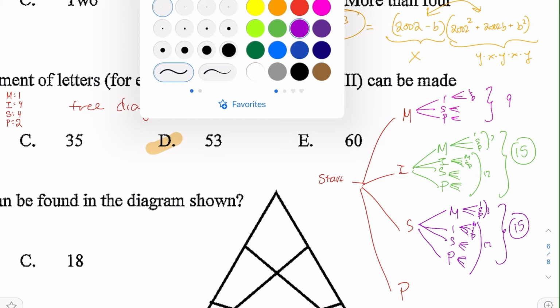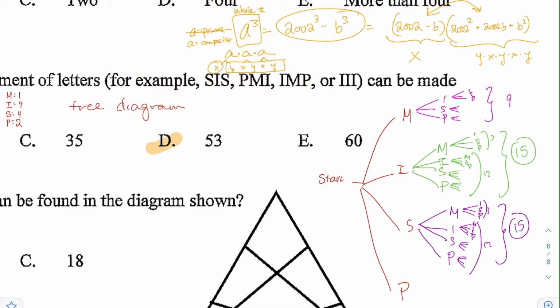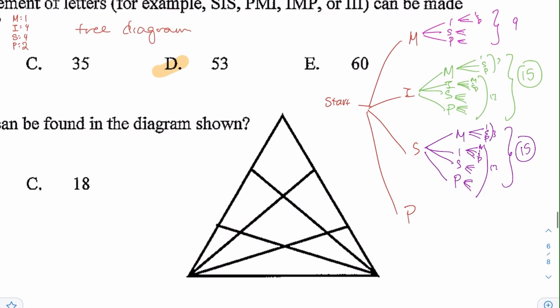And now when you get to P, it's also a little tricky because first you can choose M, I, S, or P. But if you choose M, you can't choose M again, so you can only go with I, S, P. If you choose I, you have all 4 options available. Same for S. But if you choose P second, you ran out of P's, so you can only choose M, I, or S. So in this case, we have 8 branches here, 3 and 3.